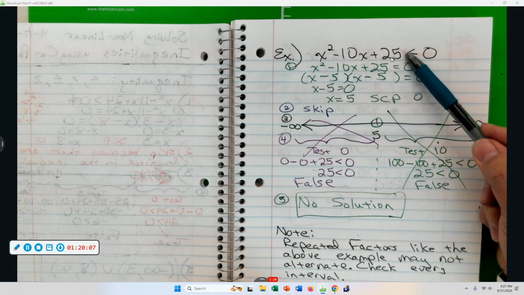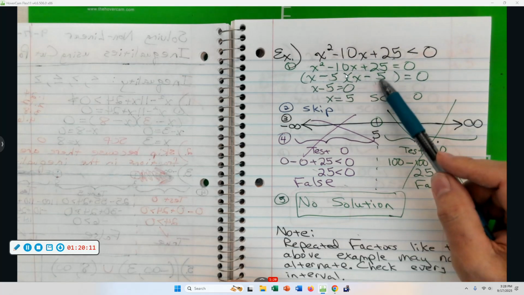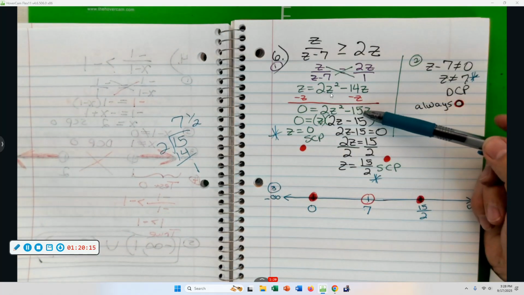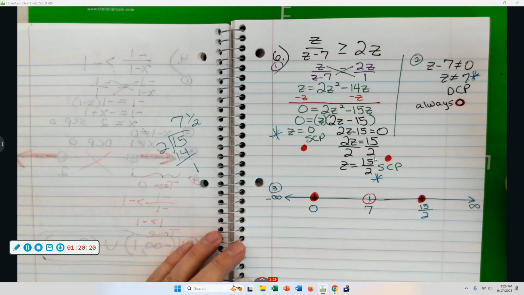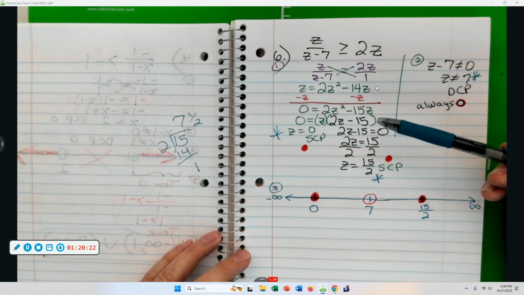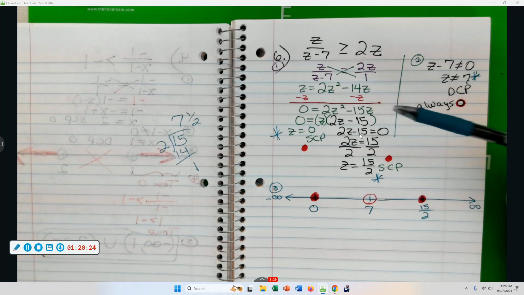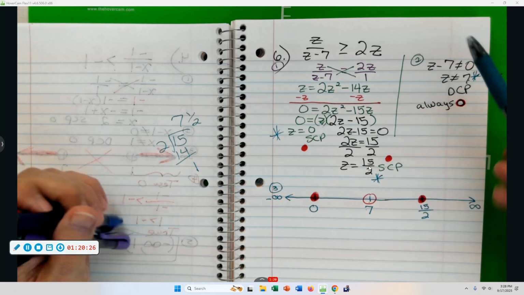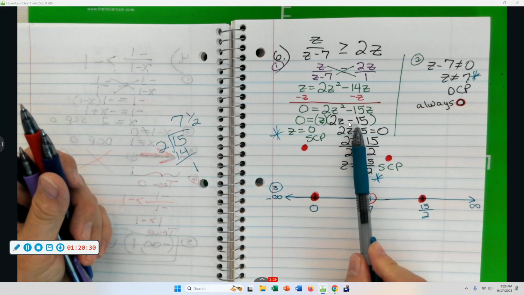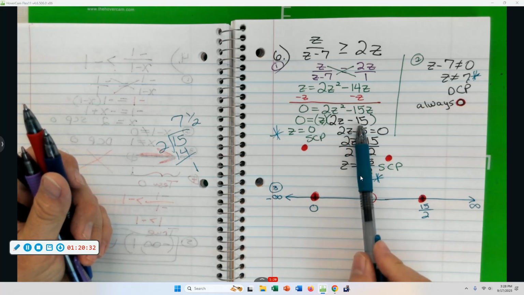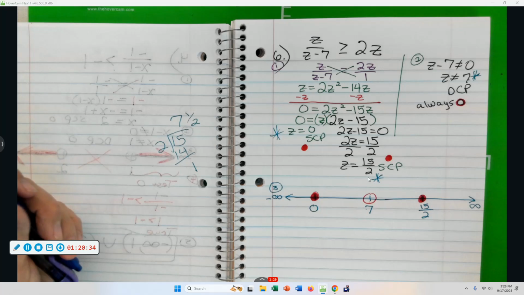You have to have perfect squares appearing in the problem in order to wind up with those same factors. 15 isn't a perfect square. 2 is not a perfect square. So to get those repeated factors, you would have to have perfect squares appearing in the problem, which we don't. Our two separate factors of z and 2z minus 15 are different factors, so we're going to assume an alternating pattern.